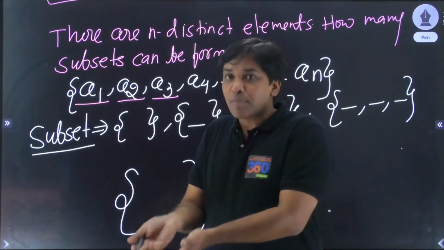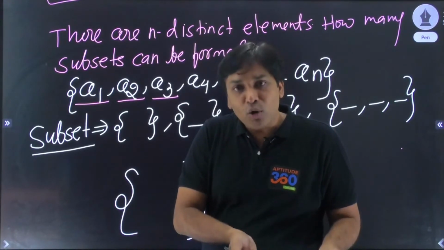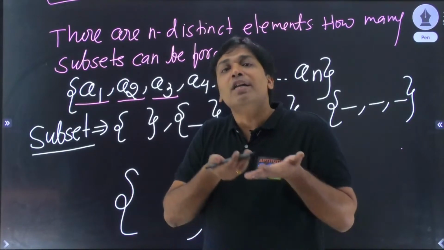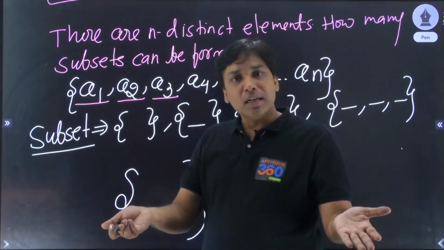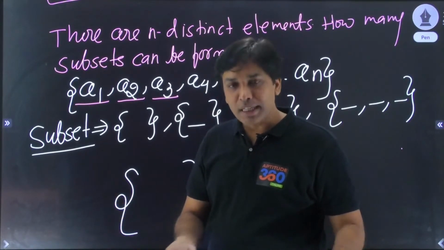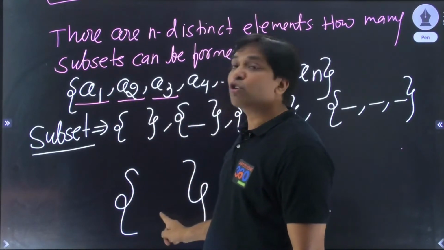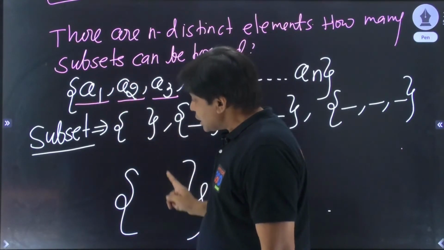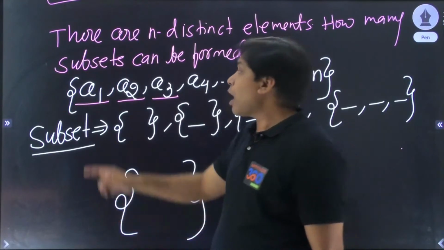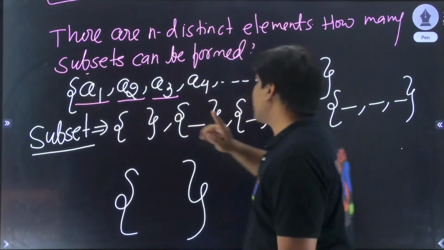भाई A1 या तो सबसेट में होगा या तो A1 सबसेट में नहीं होगा. So A1 can respond to my request in 2 ways only, either yes or no. Are you getting this? Either A1 is going to be in my subset or A1 is not going to be in my subset. So how many such possibilities are there for A1?